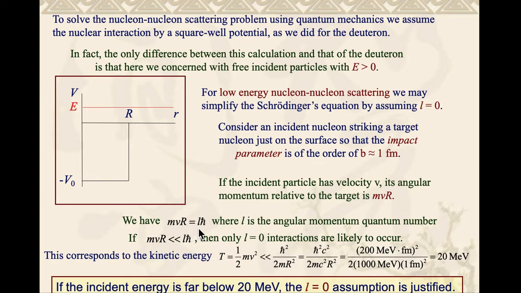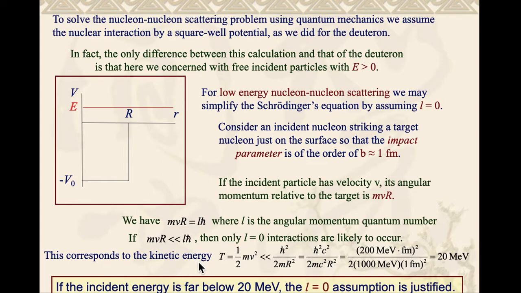If L is 0, this value must be very small. Then only can you have the condition L equal to 0.